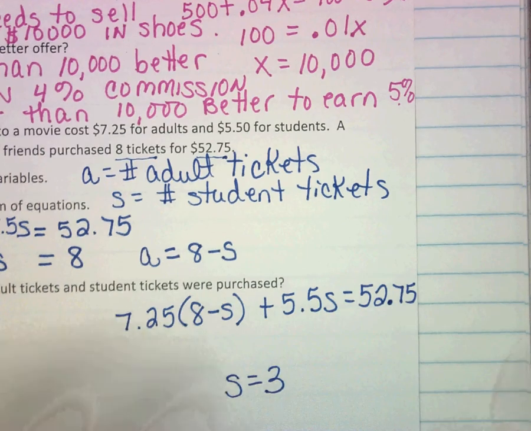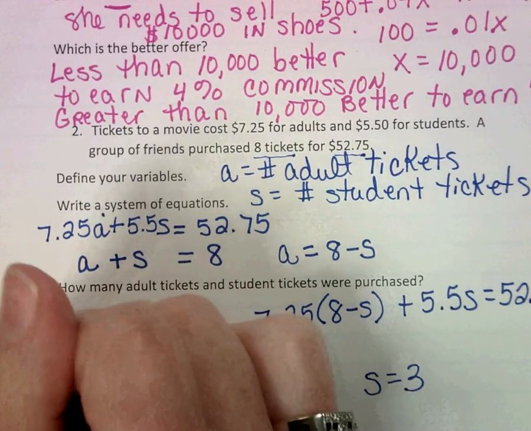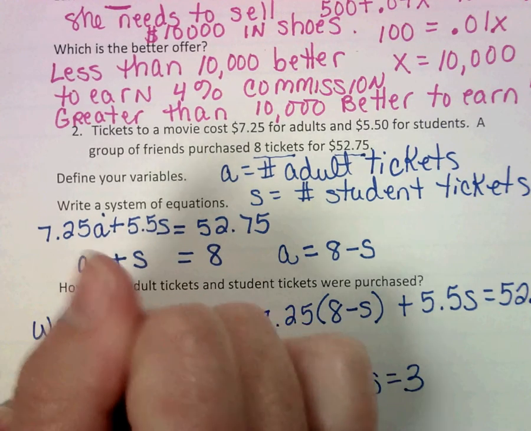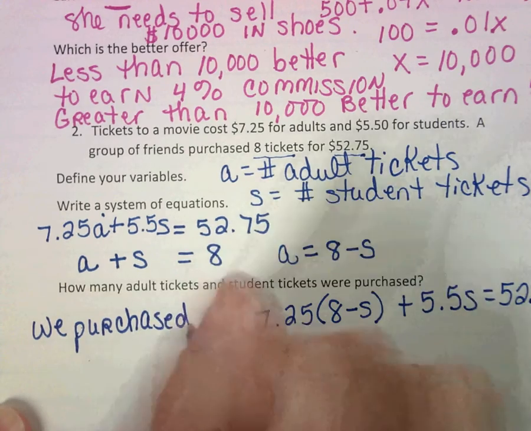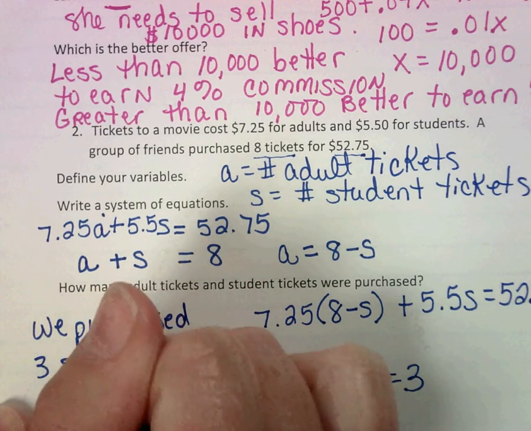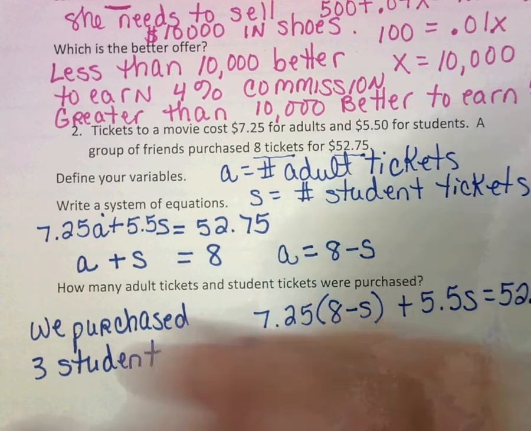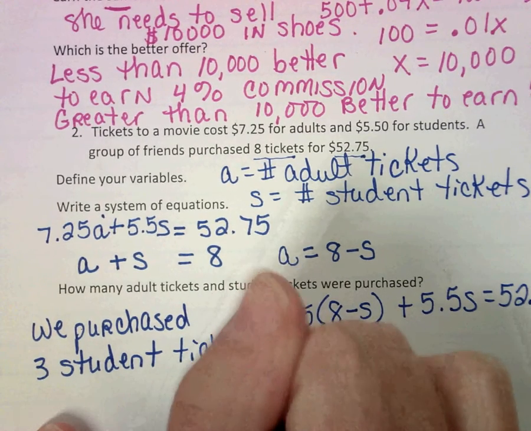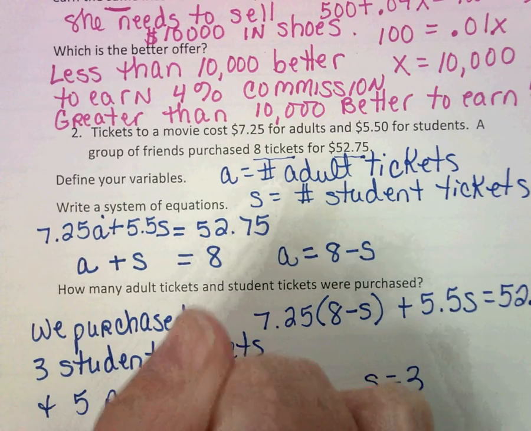So the question was, how many adult tickets and student tickets were purchased? Well, we purchased 3 student tickets, and see how by defining it as S, it helps it be really clear what we had. 3 student tickets and 5 adult tickets.